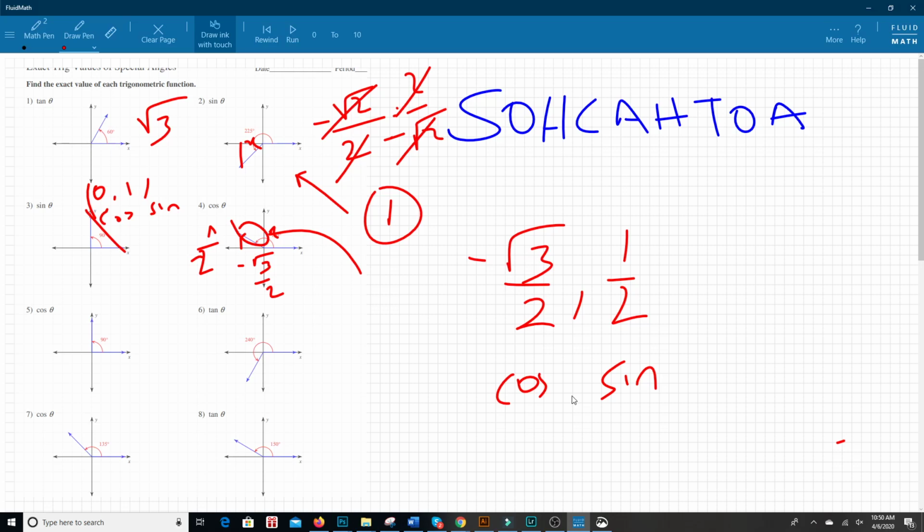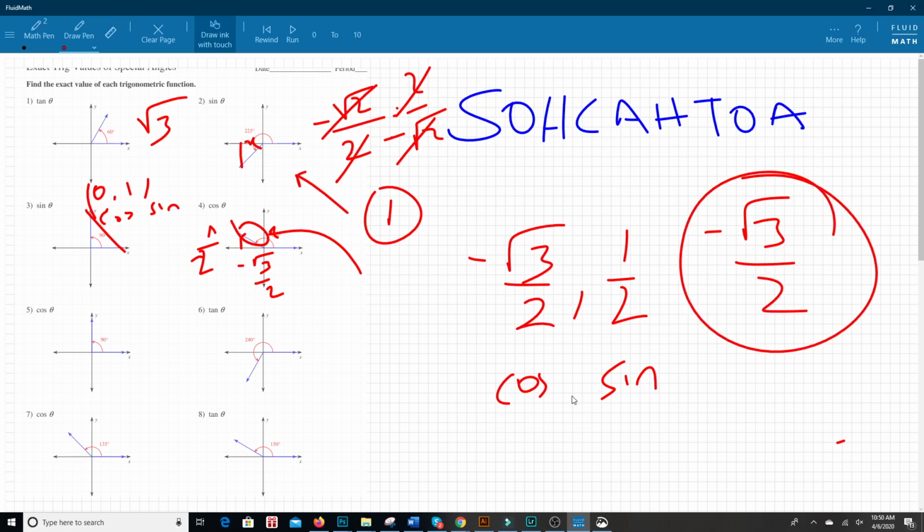I'm not sure if I made that clear. So this time it's going to be the cosine of theta, the cosine of that angle. In this case, they give me this cosine is negative radical 3 over 2, right? Over that hypotenuse. So the answer is going to be negative radical 3 over 2. Negative radical 3 over 2, guys. Alright, that's what the answer is going to be.